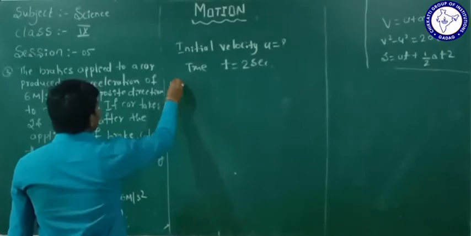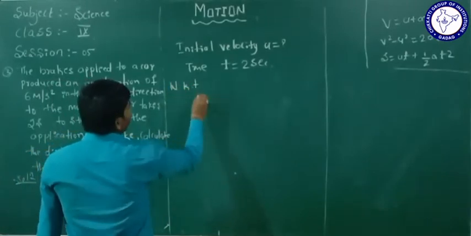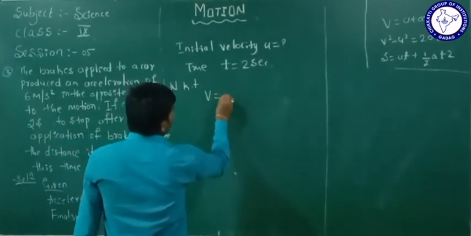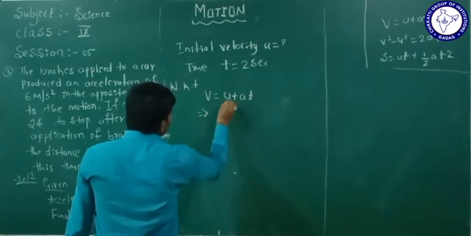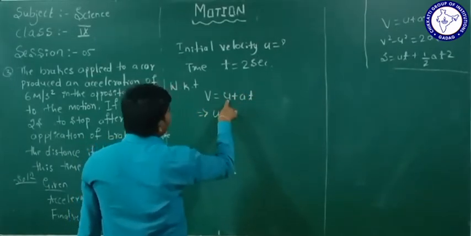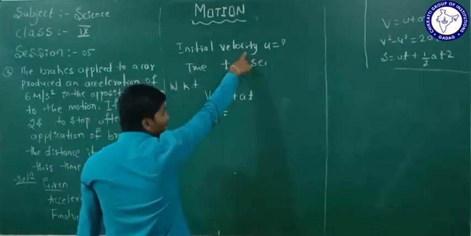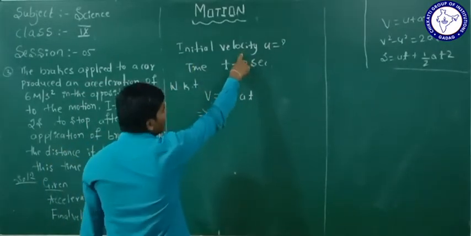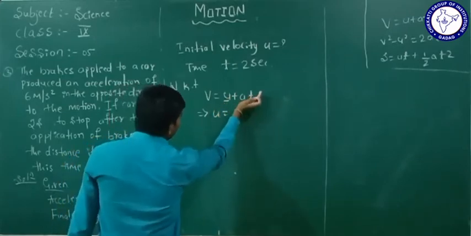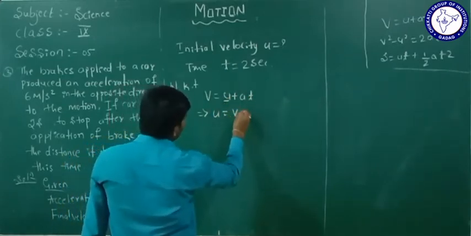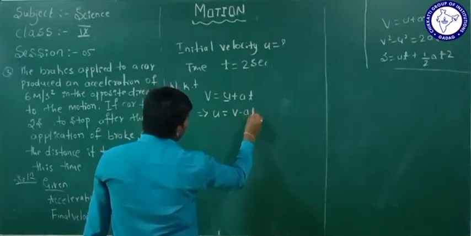We know that V is equal to U plus AT. It implies U is equal to, we require here the initial velocity, that's why I am keeping the U as it is. I am transferring AT to this side. U is equal to V minus AT.